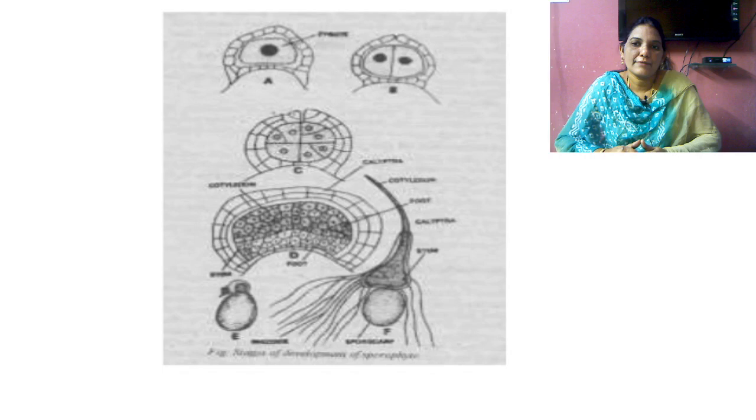So the 4 to 8 neck cells are arranged in 2 rows, not only 1 row, and the 4 cover cells cover the top of the flask archegonium, and then below the neck canal cell the venter canal cell is present.